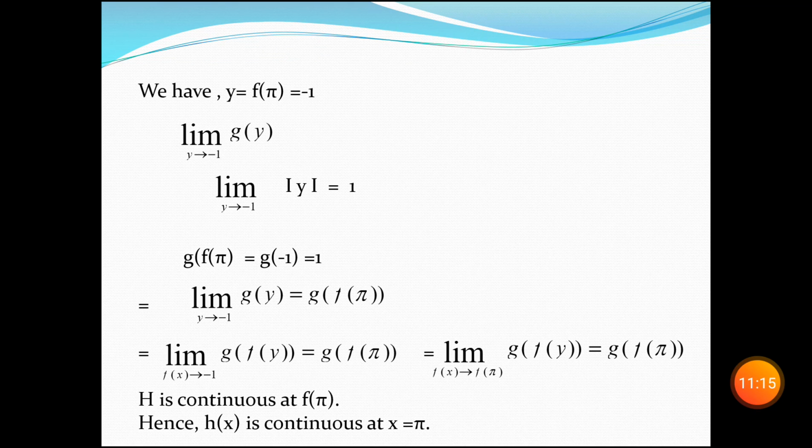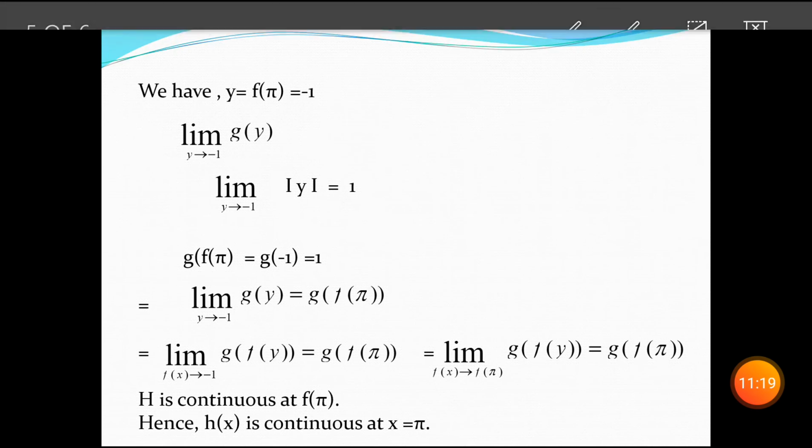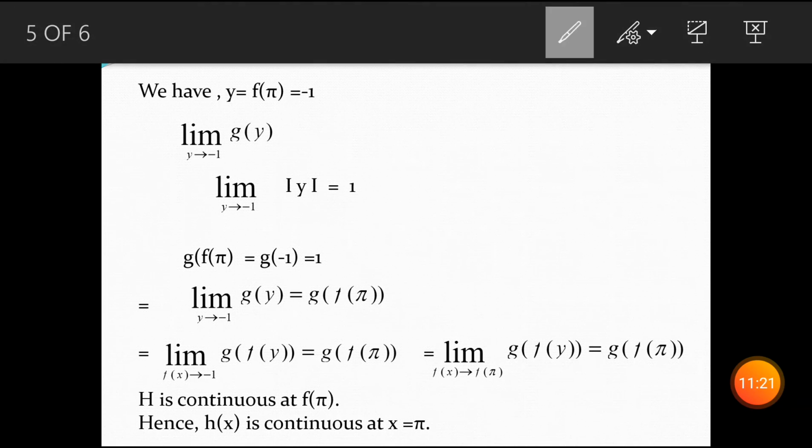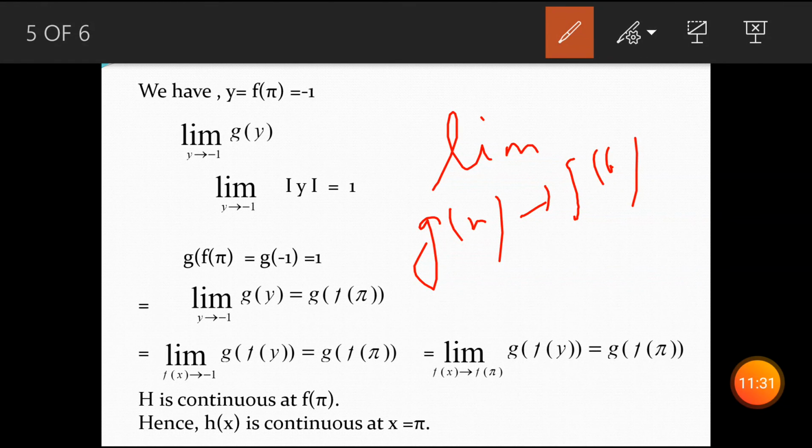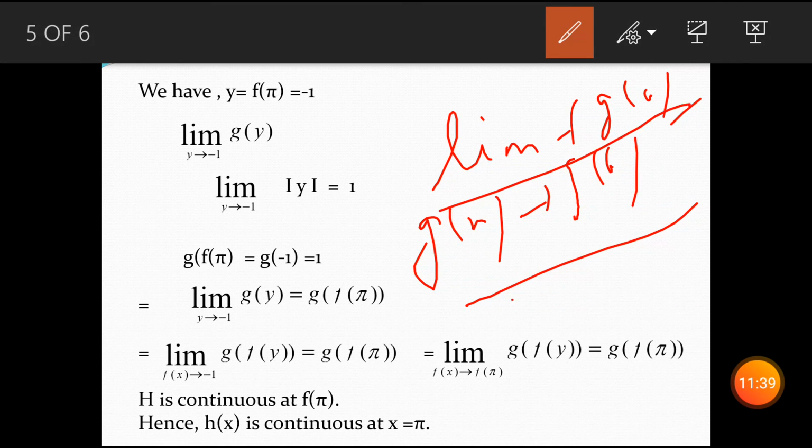For showing that g is continuous, what our aim is, just pay attention, we are going to show that limit of g(x), x tending to a, is g of f(a). In the last video, in the last theorem, I discussed this with you. If we want to show it for the second function, then we write it in this way.